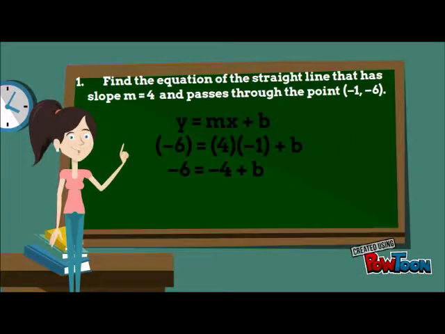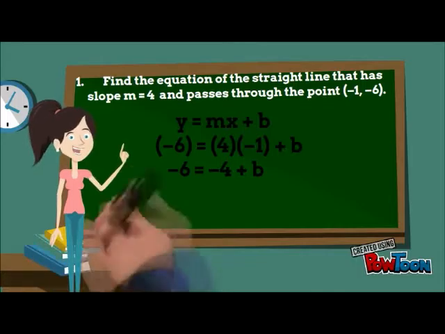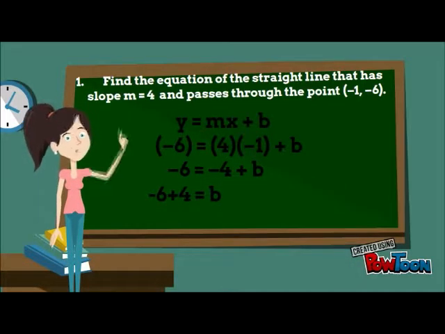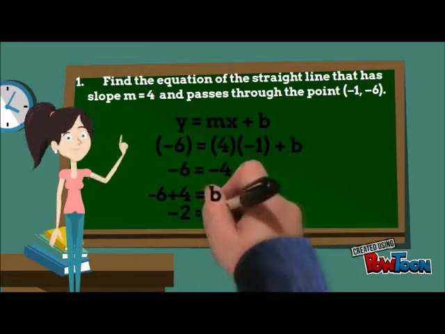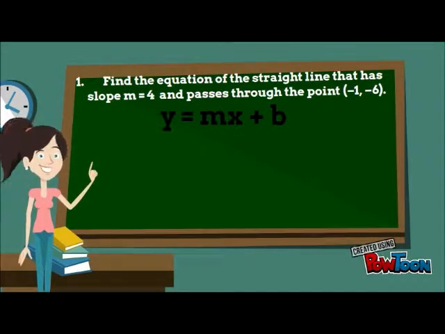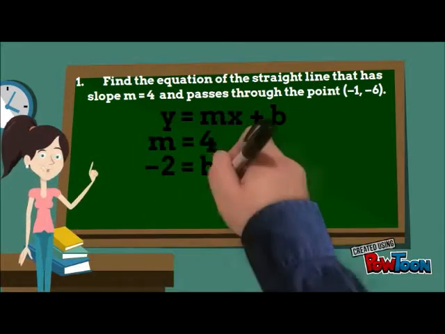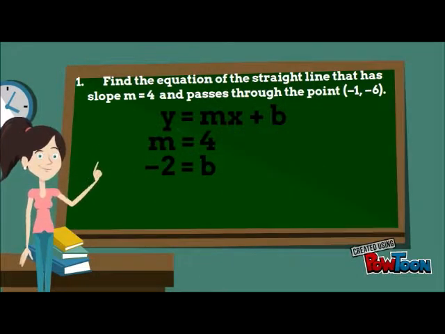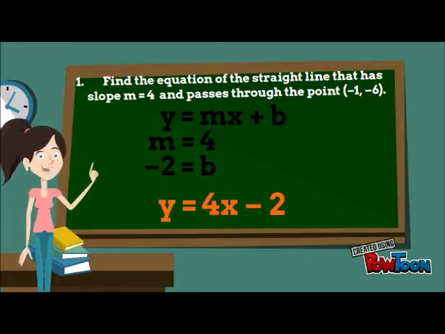Transpose -4 to the other side. So -6 plus 4 equals b. -2 equals b. Now we know the value of b and the value of slope, which is 4. So just plug in m and b in the slope-intercept form, then the line equation is y equals 4x minus 2.